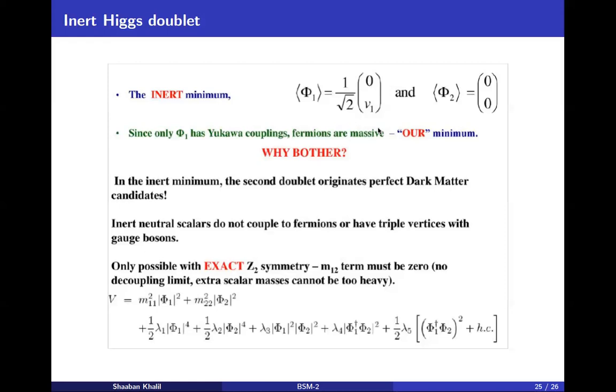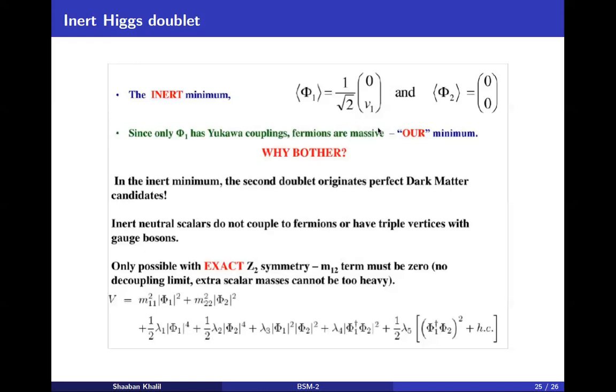Because remember, we have λ3 φ1 squared φ2 squared, λ4 (φ1 dagger φ2) whole squared. So all this type of couplings allows a kind of link between φ2 and φ1. But φ2, which is the inert, has no direct interaction with the standard model fermion family.